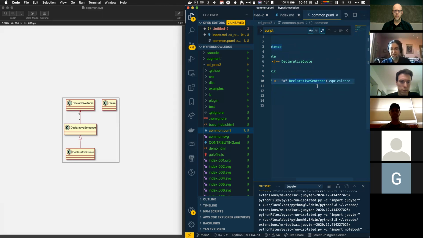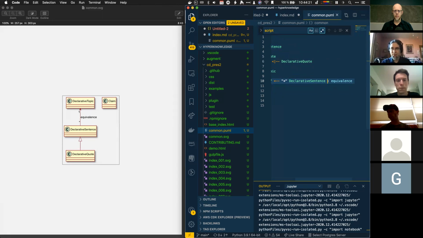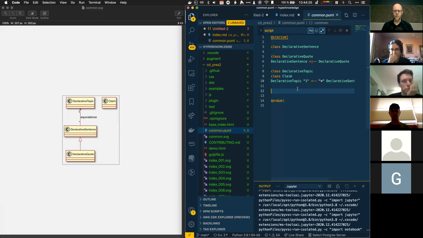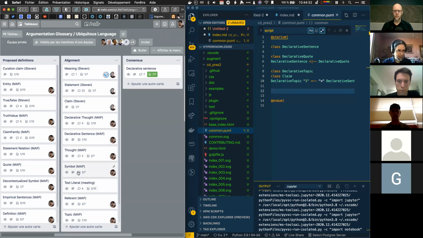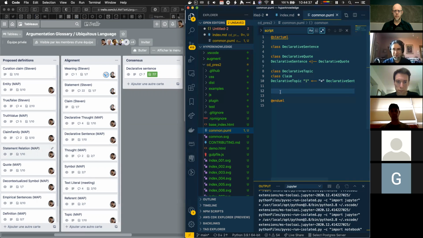No, I'm getting the syntax wrong. And there's the, how did I call it? I called it a statement relation. I'm saying there's an explicit statement relation. Now, let me actually do it as a materialized thing.